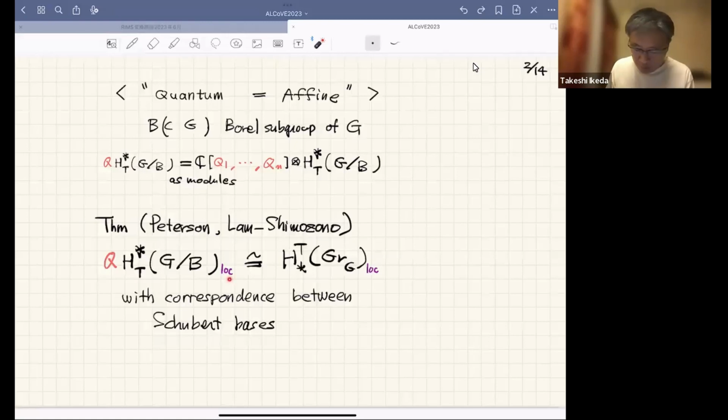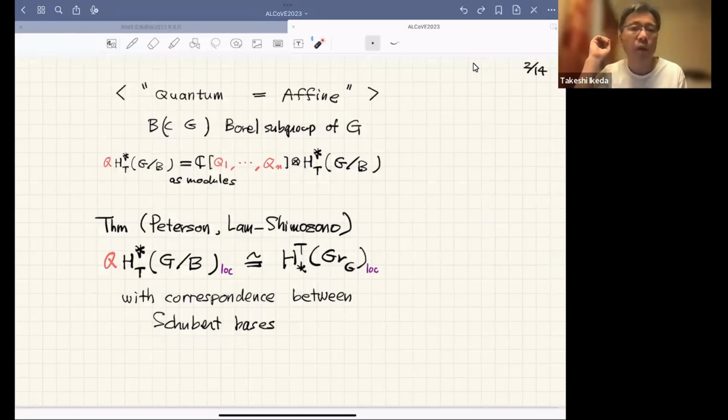So if you want to compute geometric invariants related to quantum cohomology, we can also use this side. That's the main reason we are interested in this kind of ring.